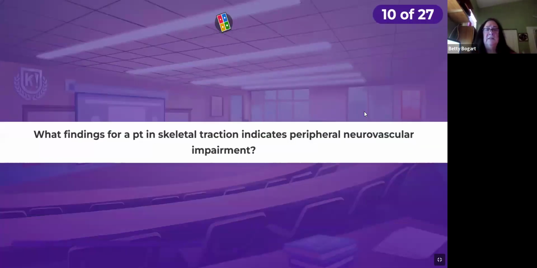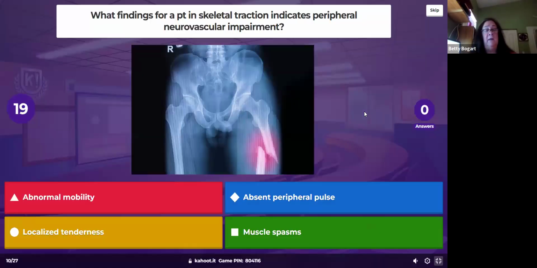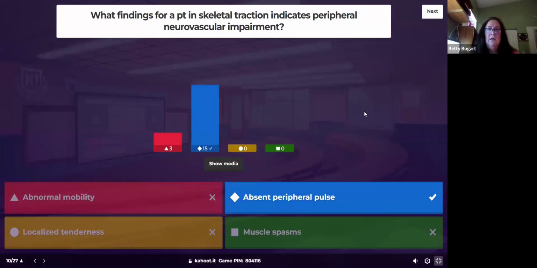What findings for a patient in skeletal traction indicate peripheral neurovascular impairment? So, peripheral neurovascular impairment means that blood isn't going where it needs to go.